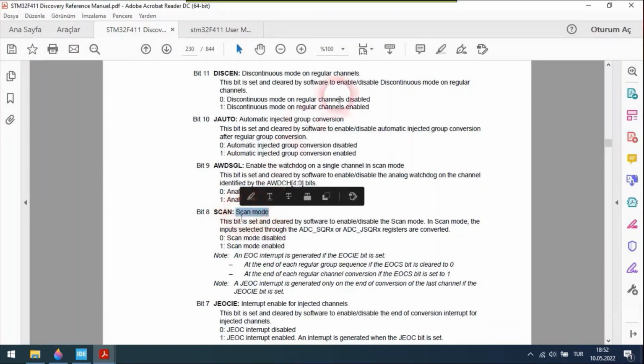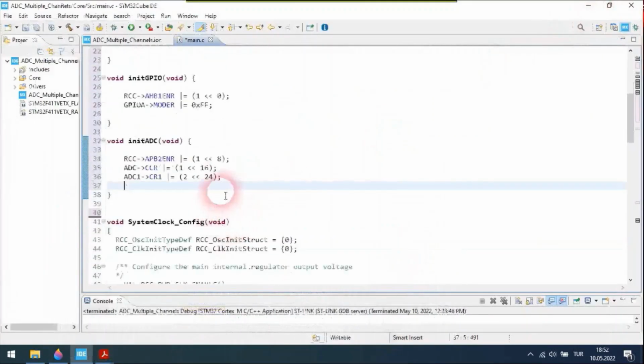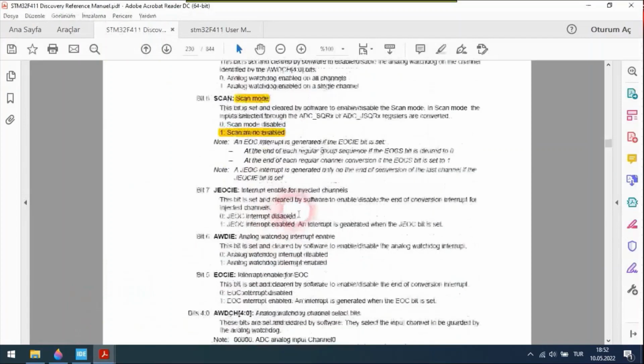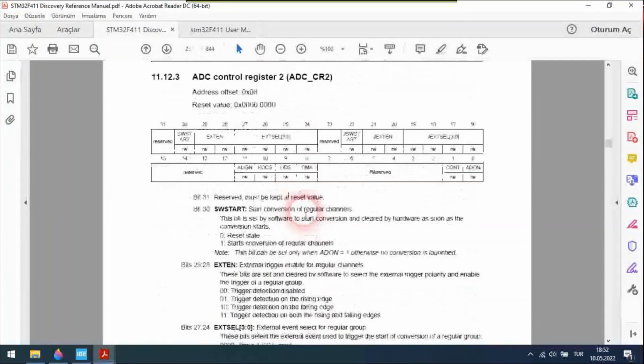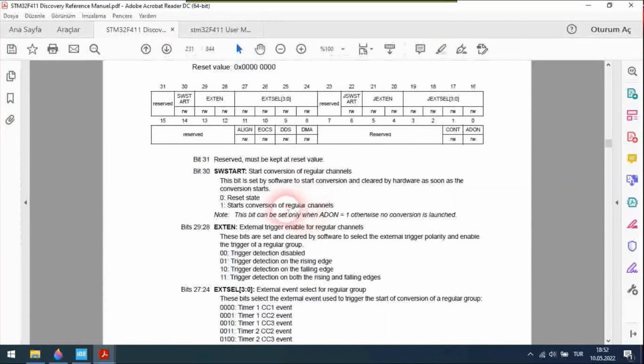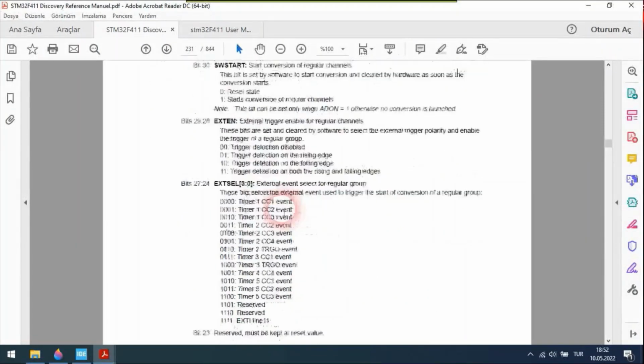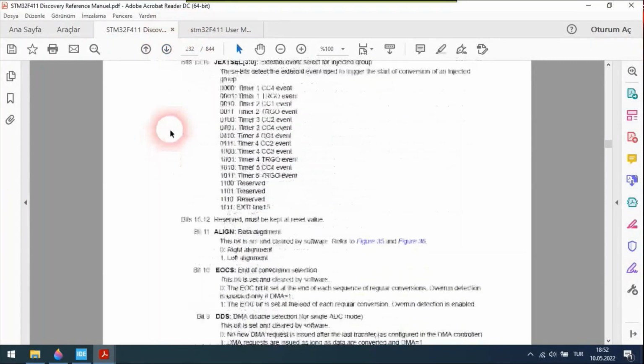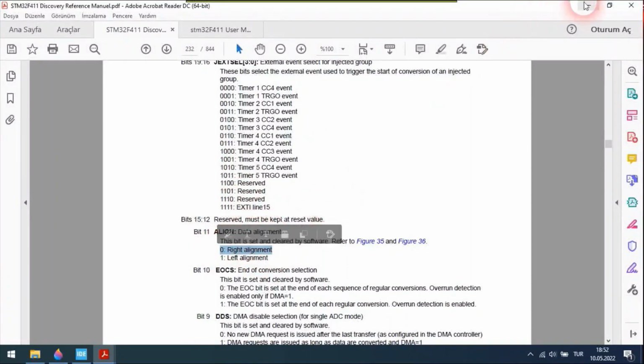We have to enable it. Data alignment. I chose right alignment.